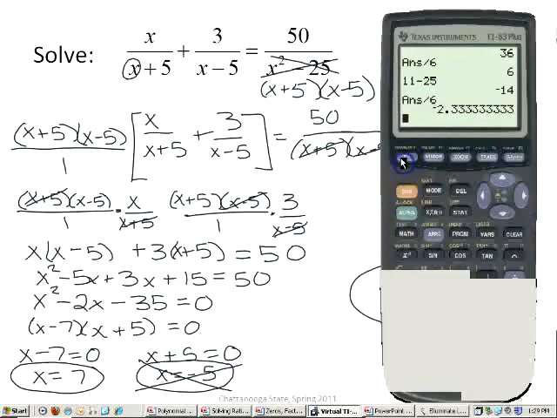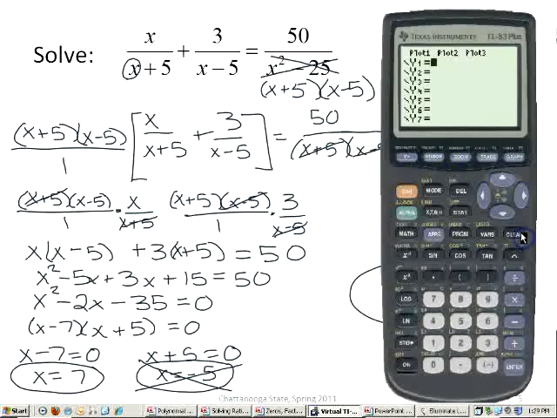Now remember, you can also solve graphically. So let's quickly graph this. To solve graphically, I want to put the left side of the equation in y1. So that's x divided by x plus 5 with the x plus 5 in parentheses, plus 3 divided by x minus 5 with the x minus 5 in parentheses.